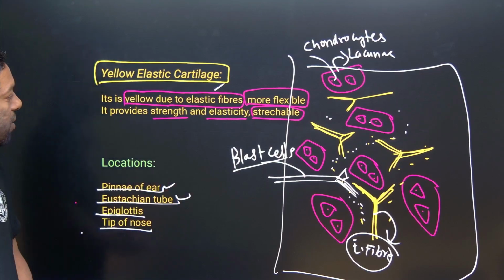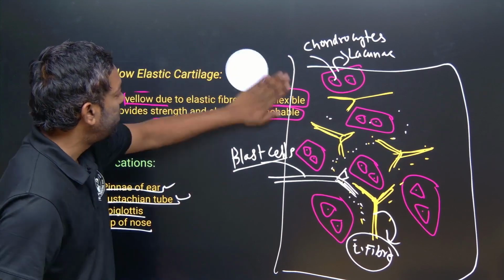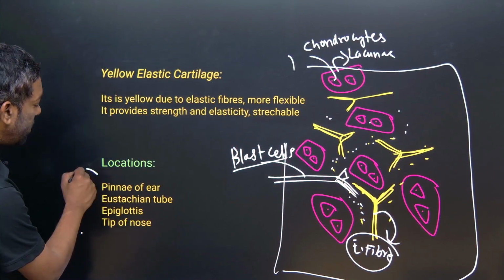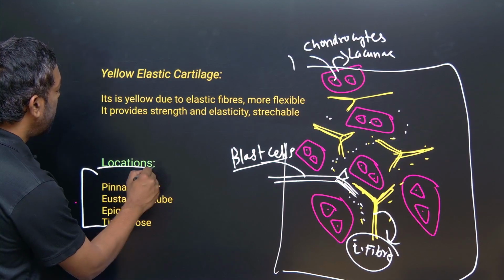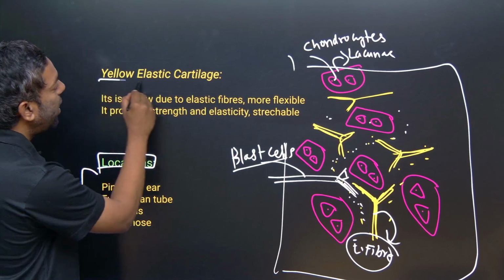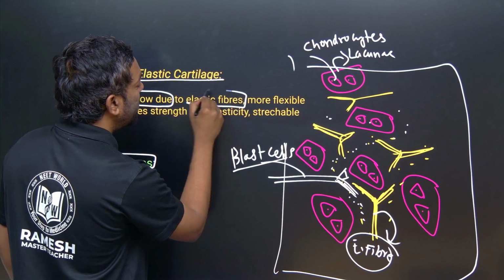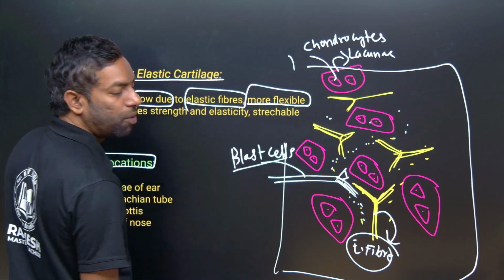Okay, the location of the yellow elastic cartilage. Remember, they might ask you the locations, where the yellow elastic cartilage is located. It is yellowish due to the elastic fibers, and more flexible.